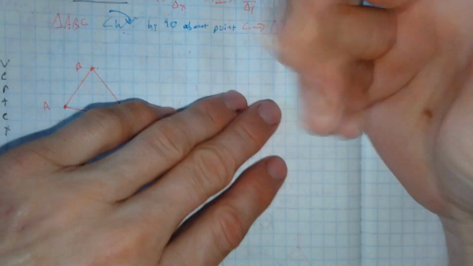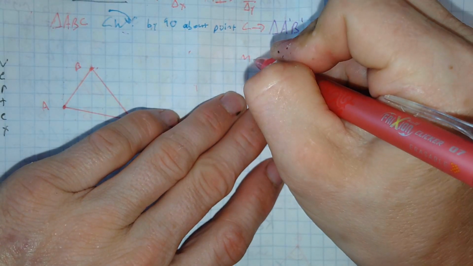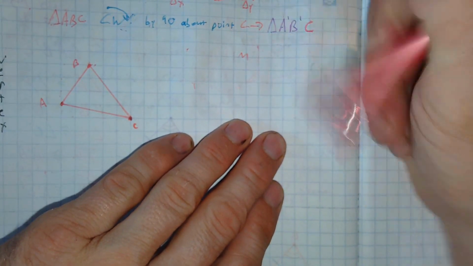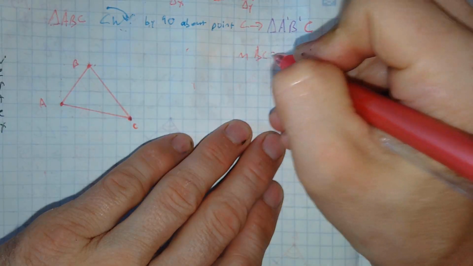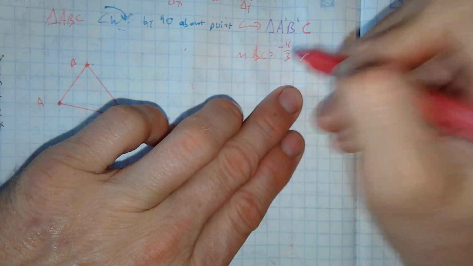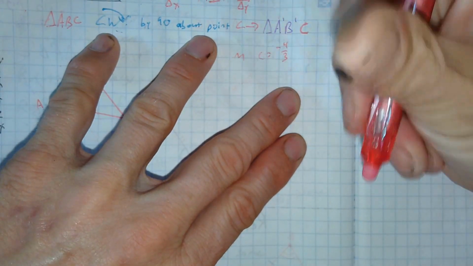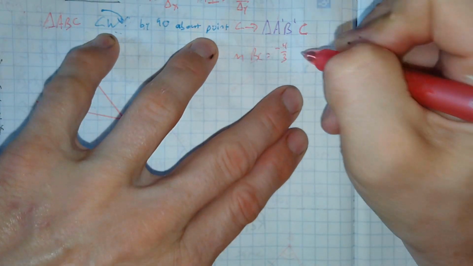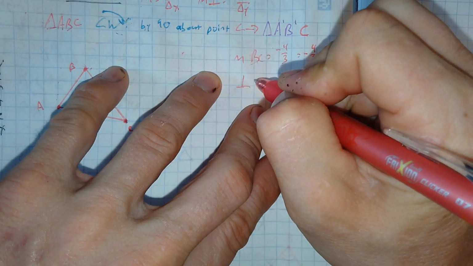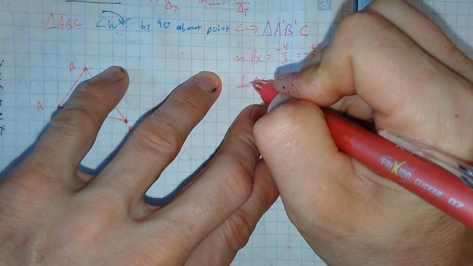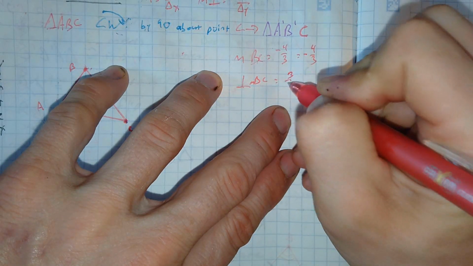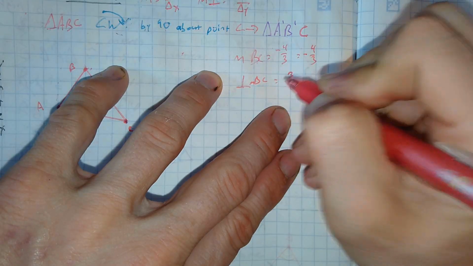So my slope of BC was down 4 over 3, so negative 4/3, and the line perpendicular to BC is flip it, 3/4, and change the negative to positive.